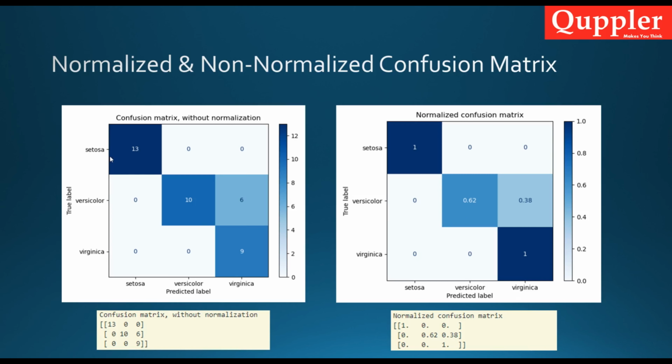It depicts the number of values, like for setosa, the number of setosa which is predicted is 13. Whereas for versicolor, 10 are predicted correctly, and the rest are depicted as 6. So it predicted 10 and mispredicted the rest as 6, as Virginica.